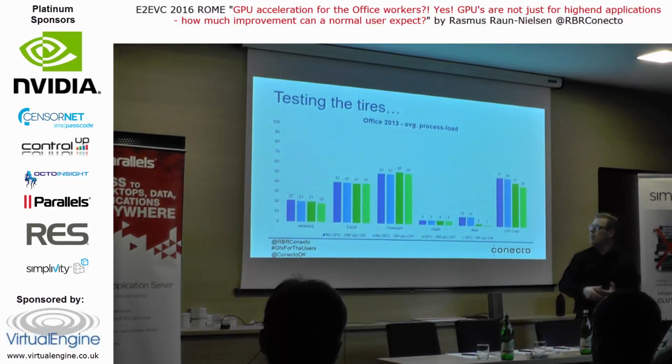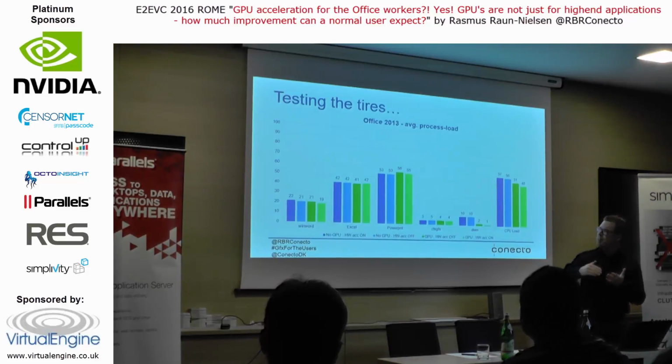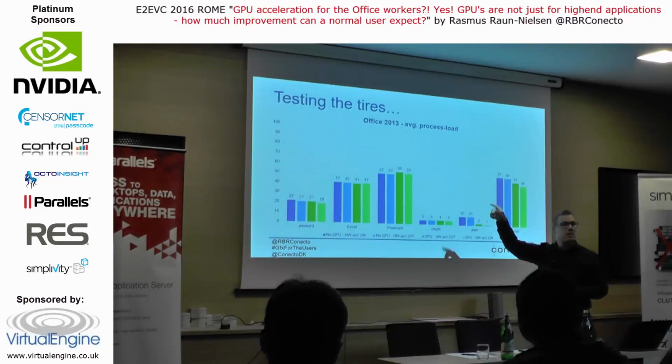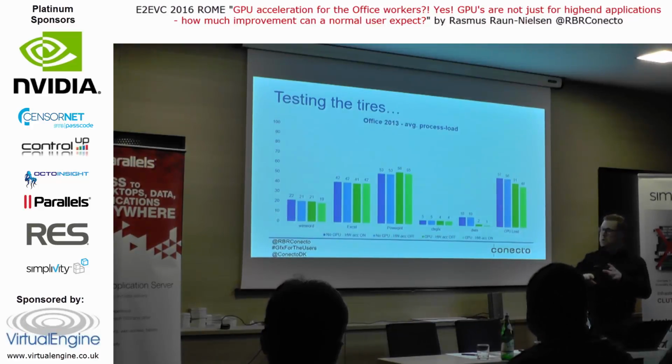Well, there's a little with Winword, but again, 3 percentage points could be, well, statistical insecurity, I don't know. And as you can see, on the TTX GFX process, you can see some behavior.